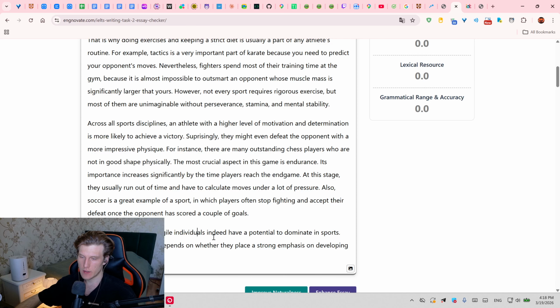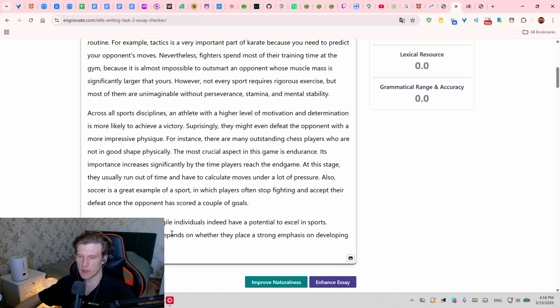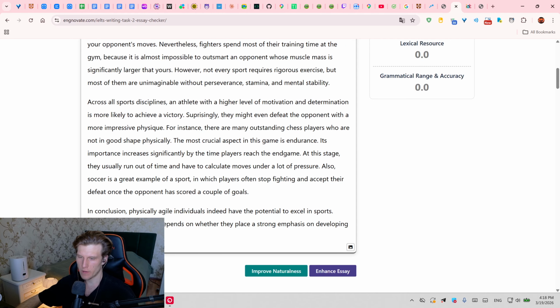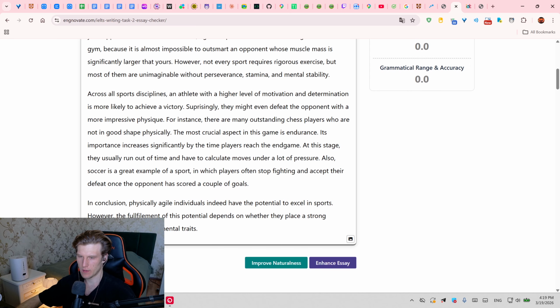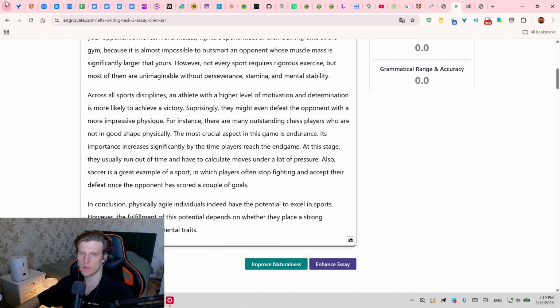Physically agile individuals indeed have a potential to excel. Yeah, excel sounds great. To excel in sports. However, have the potential to excel in sports. However, its fulfillment, yes, slightly vague. However, the fulfillment of this potential depends on whether... fulfillment, right?